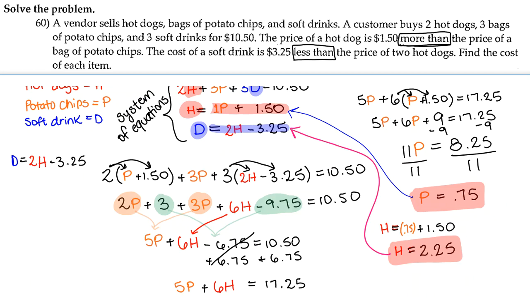But because we know what h is, which is 2.25, we can substitute that for h. And when we simplify that, we're going to get that d is equal to $4.50 minus $3.25. So d is equal to $1.25.